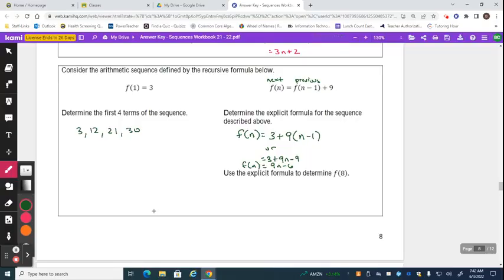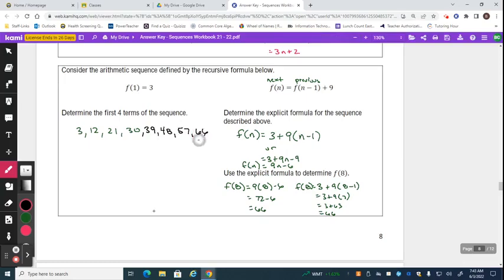So if you figure out the 8th term, we get 66. If I use the non-simplified, we get 66. And if I continue with the pattern just to check, 5th term, 6th term, 7th term, 8th term.